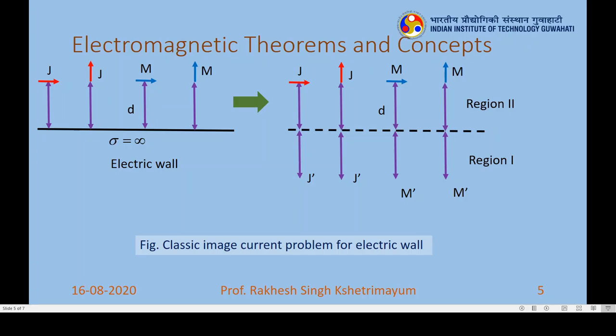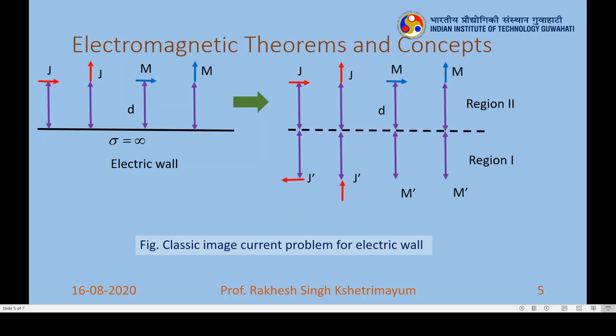So in order to do that, when I have a horizontal current density J, I should actually find a proper horizontal electric current density image, and for this particular case the image should be also located at the same distance from the interface in the lower half plane, and it should be of same amplitude and opposite direction as that of J. For the vertical current density J, the image should be in the same direction at the same location d below the interface, and direction would be same and amplitude would be same.